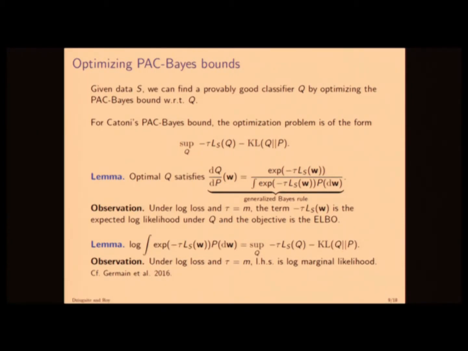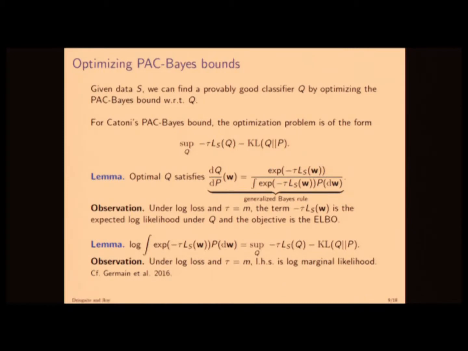For Catoni's PAC-Bayes bound that I just showed you, the optimization problem looks like this, which for the Bayesians in the room is going to look awfully like a variational inference objective. Indeed, the optimal Q is known as a Gibbs distribution. It satisfies this equation, so it's absolutely continuous with respect to the prior P that you fixed before looking at the data, and it has this particular form, which looks like Bayes rule. Indeed, it's called a generalized Bayes rule in the information theory community. That's my understanding after reading Peter's stuff recently.